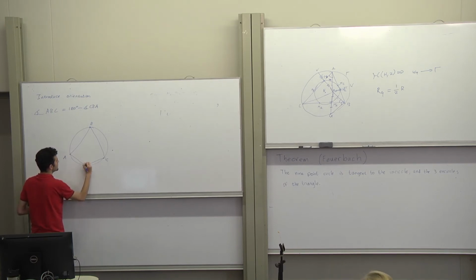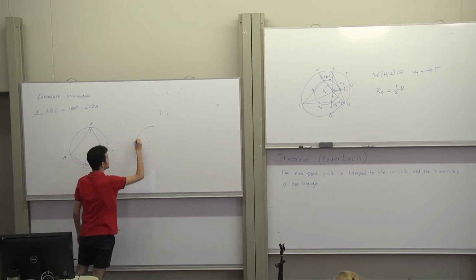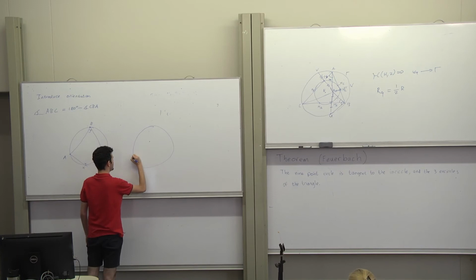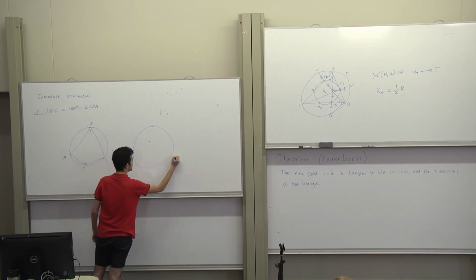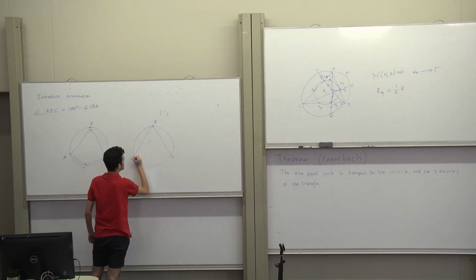Say let's call this X and Y. And then say we can move X around. So in some other format of this problem, we will have A here, C here, B here, and then maybe X is over here.